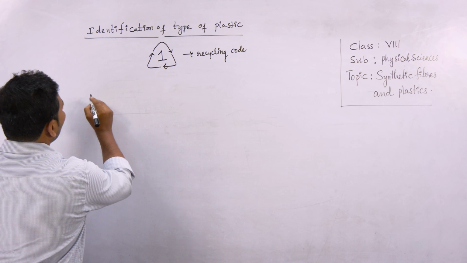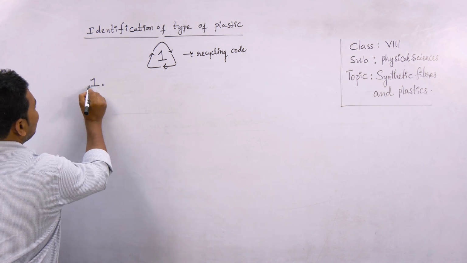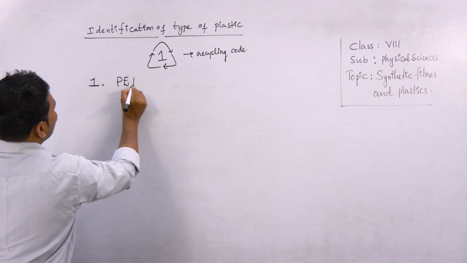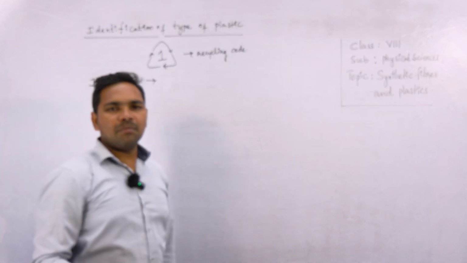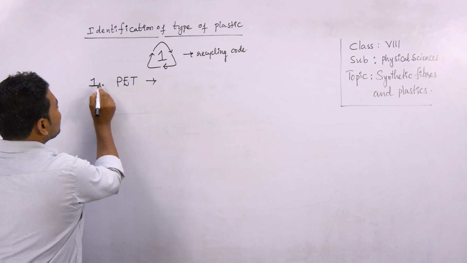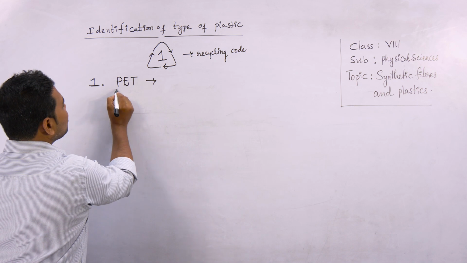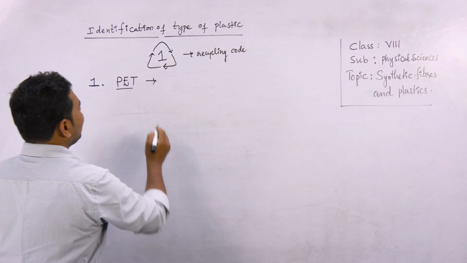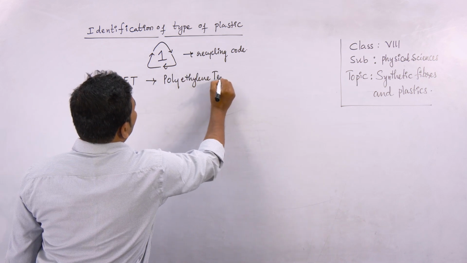Let us see now, if the number within the triangular symbol is 1, this 1 represents the type of plastic PET. We used to say PET bottles, cool drink bottles are made of PET. Now you can see in most of the cases, number 1 is written in the triangle or it is also written as PET. PET is abbreviated from polyethylene terephthalate.